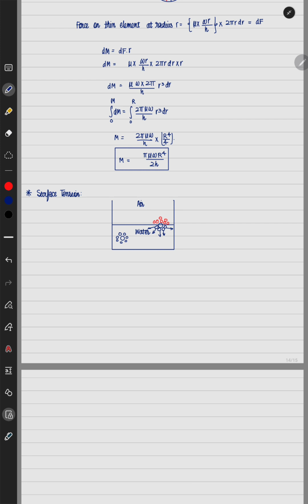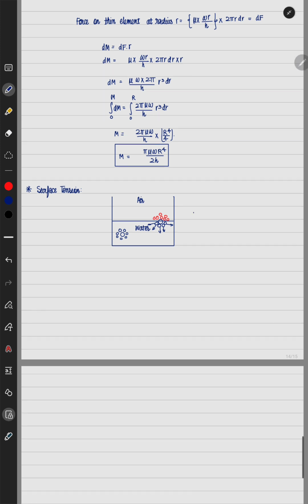Technically, the surface would not be stable, because for any molecule which reaches the surface, there will be an imbalance of force from the top and the bottom, and it should continuously come down to the bulk. But this doesn't happen. You see that in various fluids the surface seems to be stable. Why does this happen? There must be some kind of energy associated with the surface.